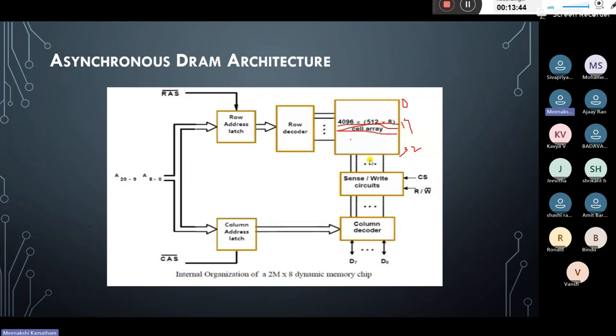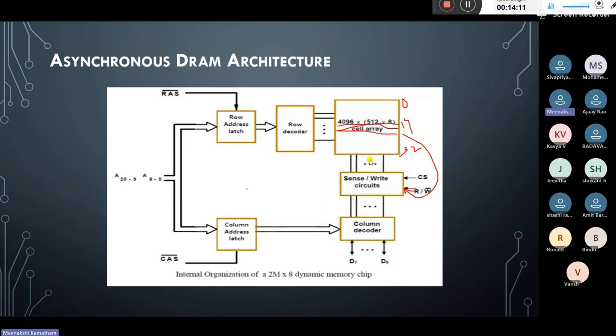The data present in the 17th row should be taken into the sense amplifiers. This is called the sense amplifier. What the sense amplifier does is take the data of the selected row into it. After that, the column decoder comes into the picture.